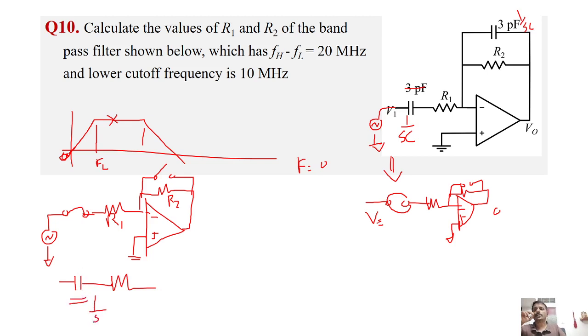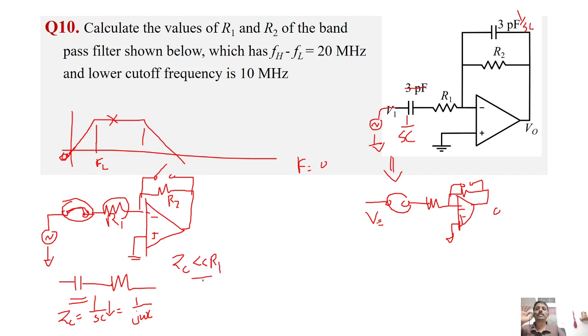That is 1 by SC or 1 by j omega C. So when the frequency increases, the impedance ZC will start decrementing, right? At a particular point, this capacitor should act as a short, or in other words, the voltage drop across this capacitor must be negligible compared to the drop across R1. So it happens when ZC is very much less than R1.